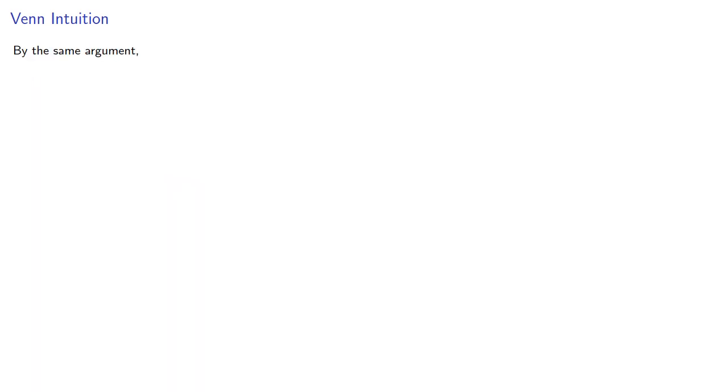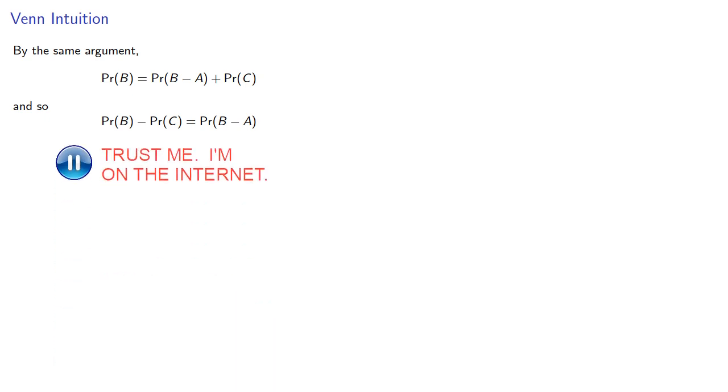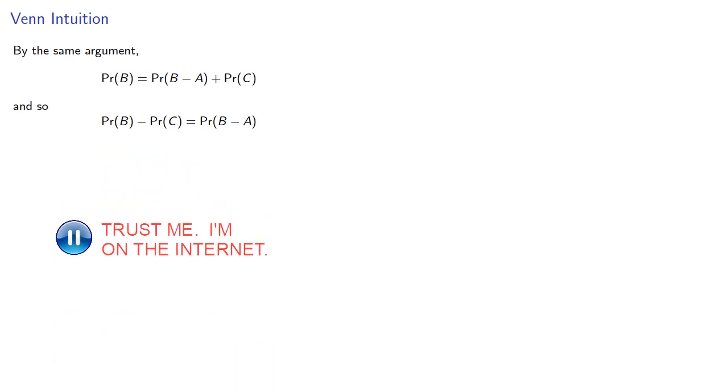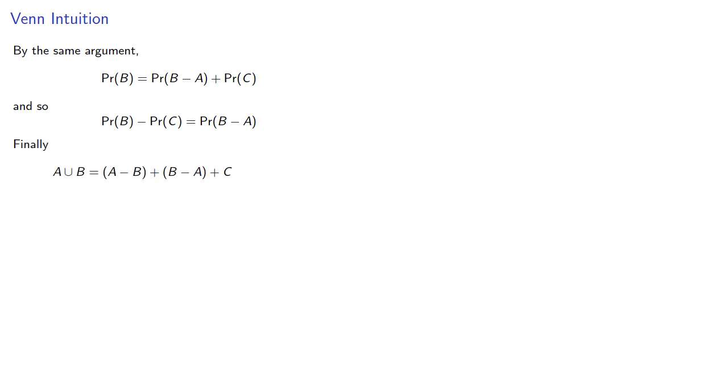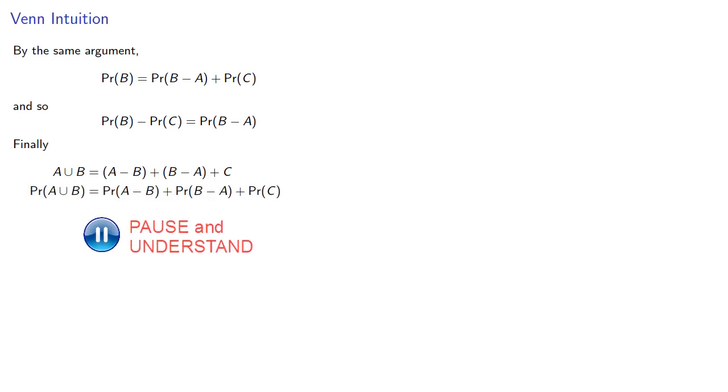Now, by the same argument, the probability of B is the same as the probability of B minus A plus the probability of C. And finally, the union consists of those three mutually exclusive events, and so the probability could be written as the sum of those three probabilities.